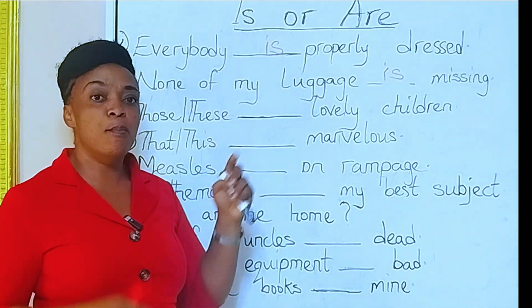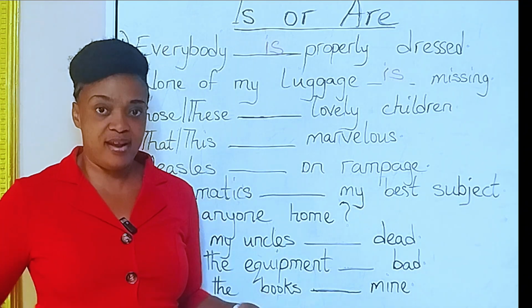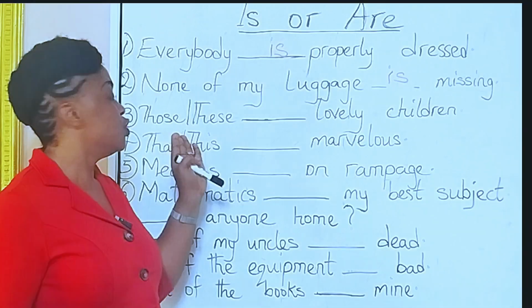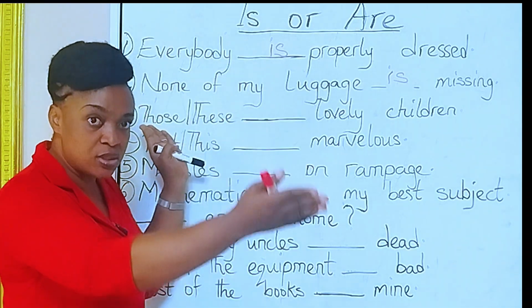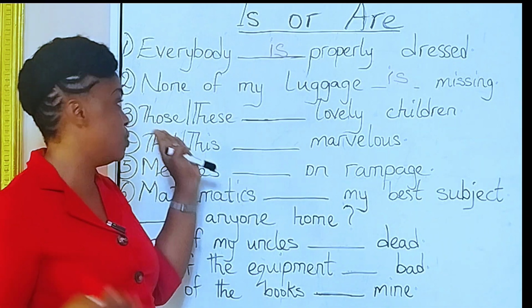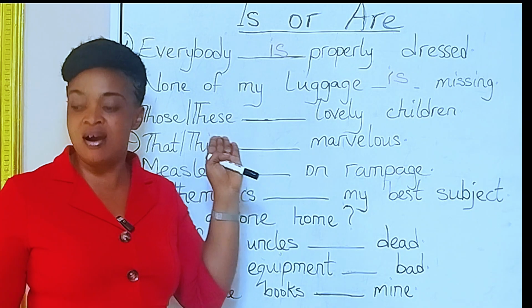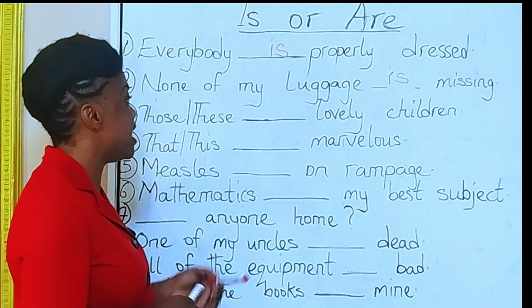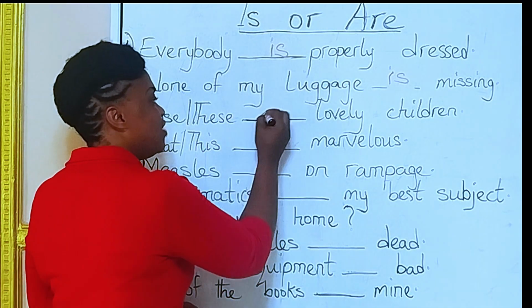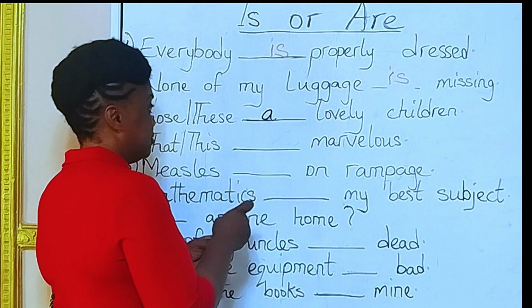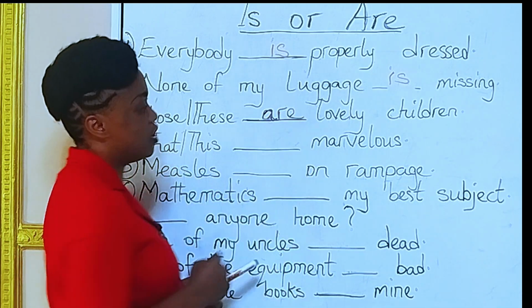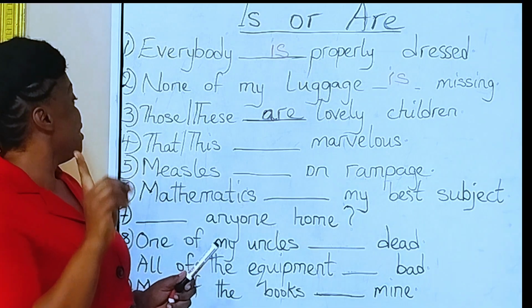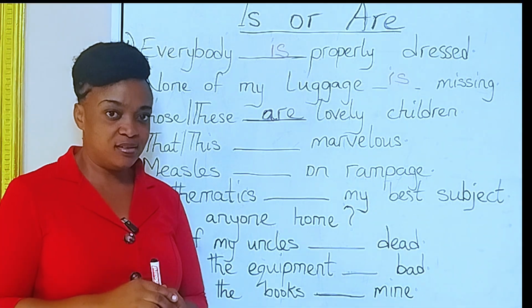But this one, more than one, but near to you. So when you have things that are very far from you, you say those cars are beautiful. But when they are close, these cars are beautiful. So we say these are lovely children. Are. Good job.